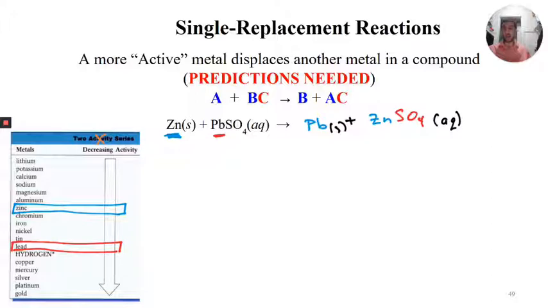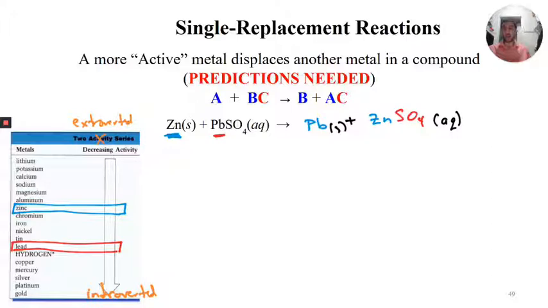The higher on that list, the more extroverted the person. The lower on the list, the more introverted. So if you are higher on that list, you want to be found with other things. Okay? Lower on that list, you want to be found by yourself.